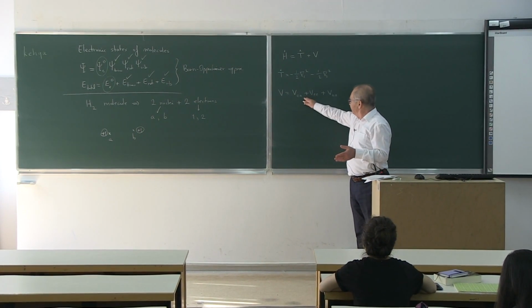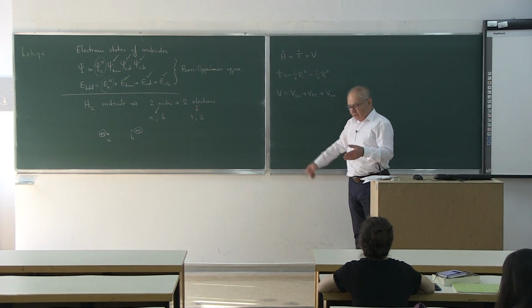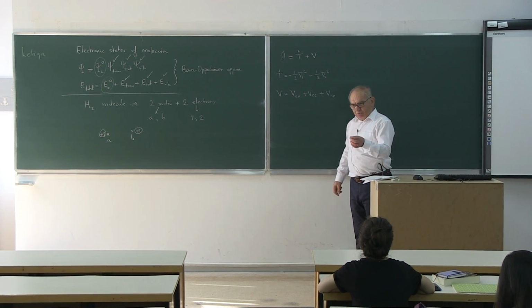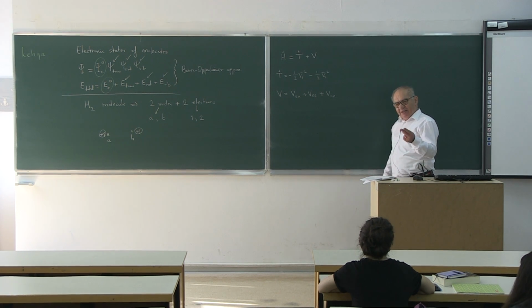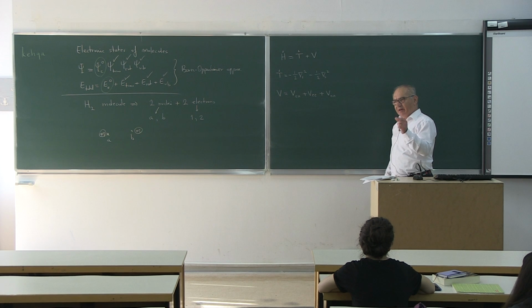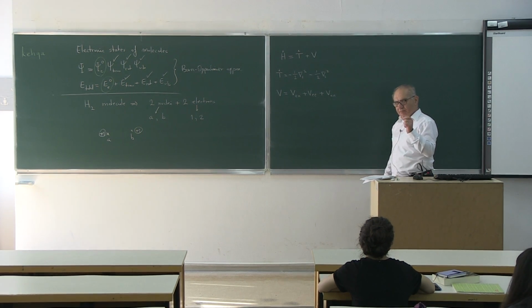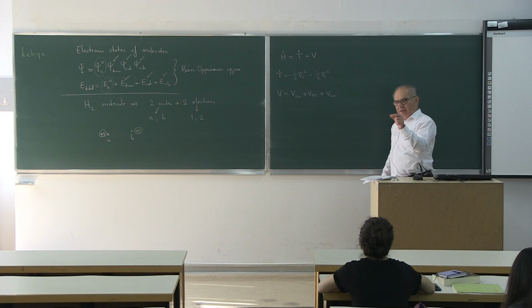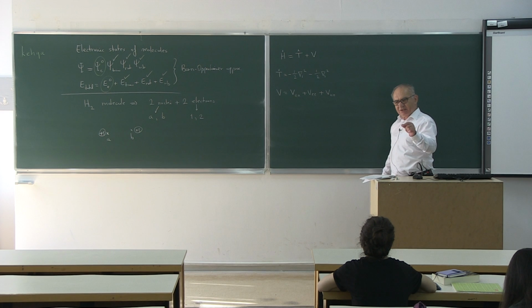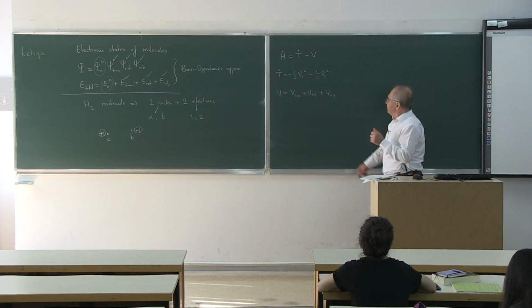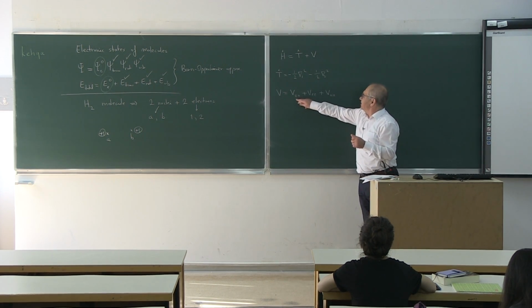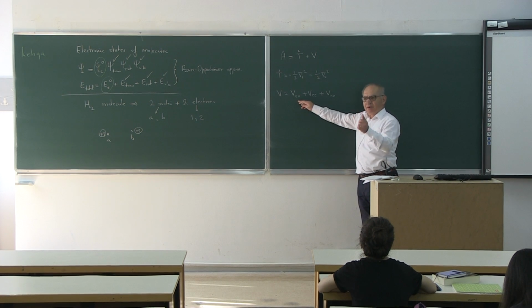The expressions here are the explicit expressions. We identify each distinct pair of charges. And the total expression for the potential energy is the sum of contributions from each distinct pair of charges. What we are doing here is just classifying different types of pairs.